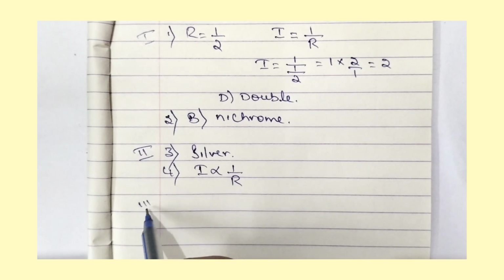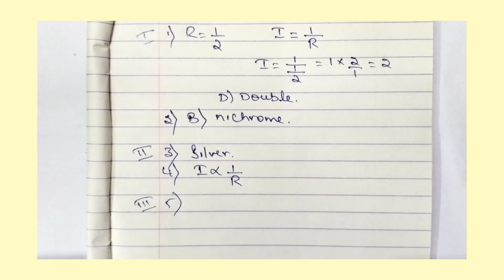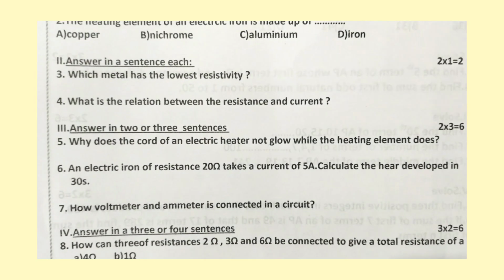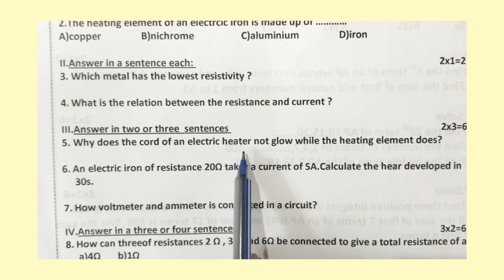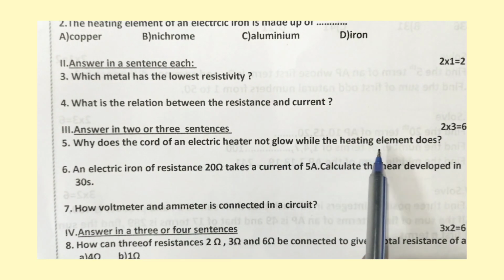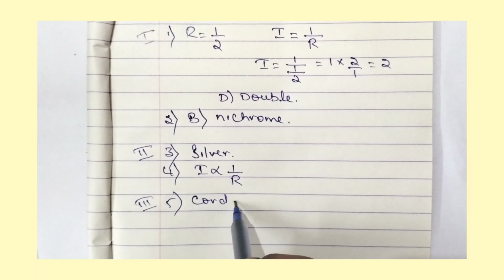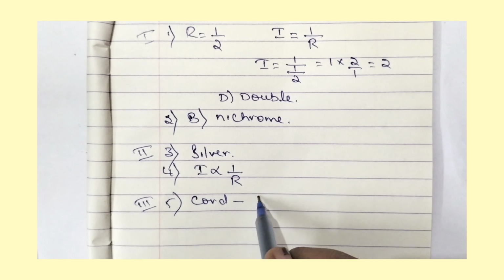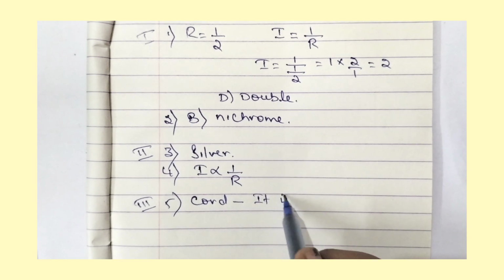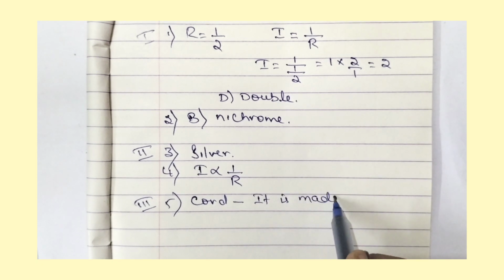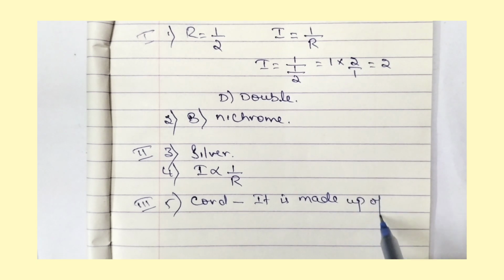Now let us move to question number 5. Why does the cord of an electric heater not glow while the heating element does? So let us answer this question. The cord of an electric heater is made up of metal.